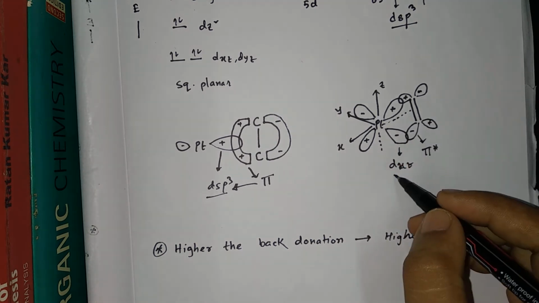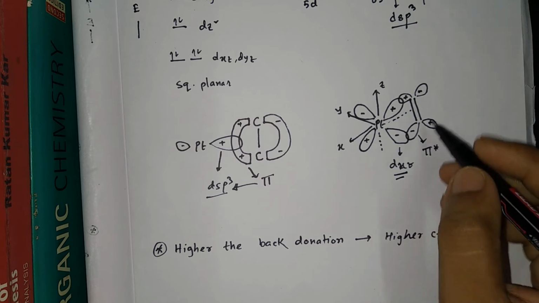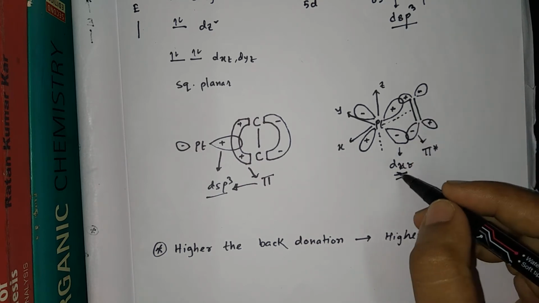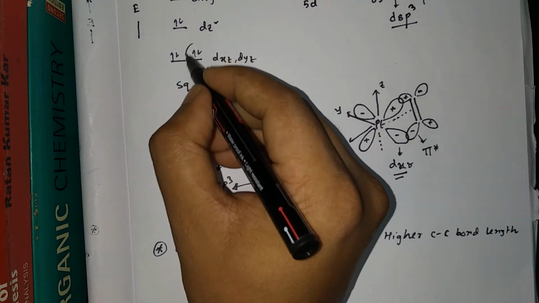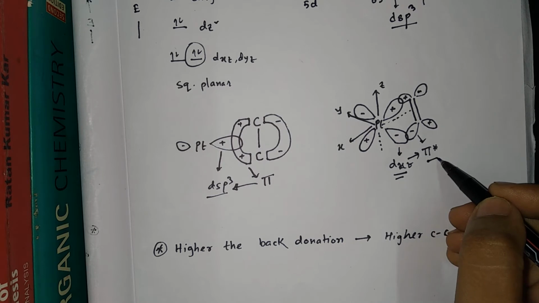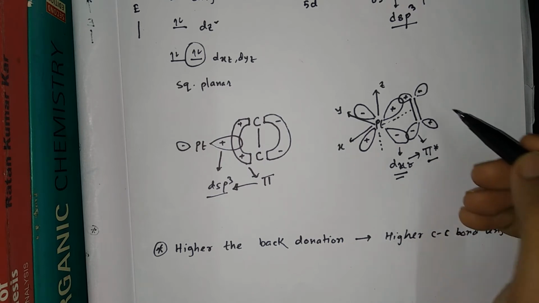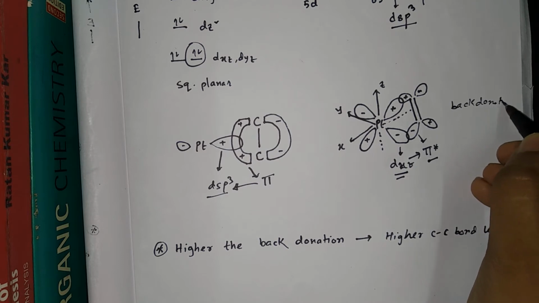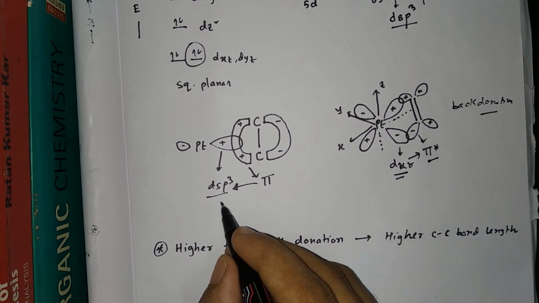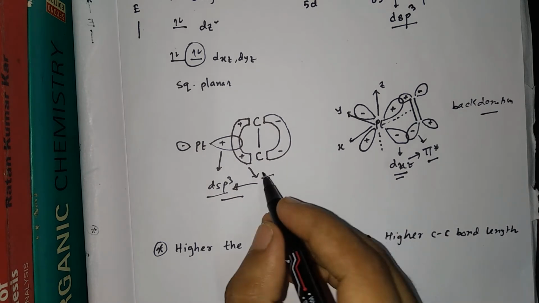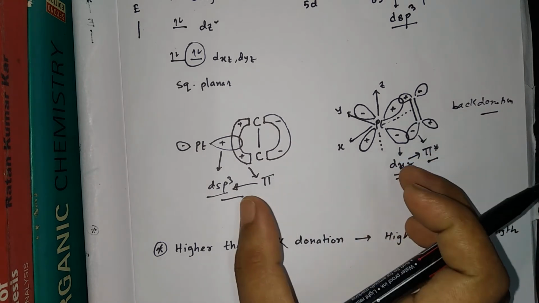So this is the dxz orbital, and it exactly matches the symmetry, and hence this filled dxz orbital can donate electrons to the vacant antibonding pi star orbital of the ligand, and this is called back donation. This back donation and the first process happen synergistically and reinforce each other, that means they assist each other.